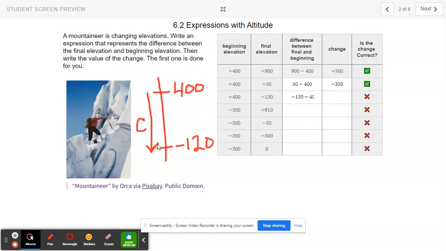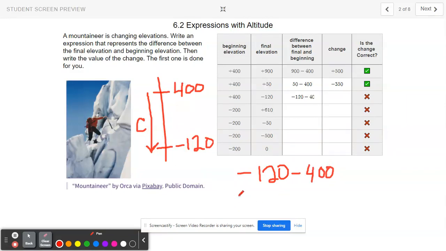So now we have to figure out, well, what is that amount? So if I start with negative 120 to get to 400, well, that's the same thing as negative 120 minus 400. We actually can change this to an addition problem. Because really we're taking, what's the distance from negative 120 to 0? Well, that's 120.